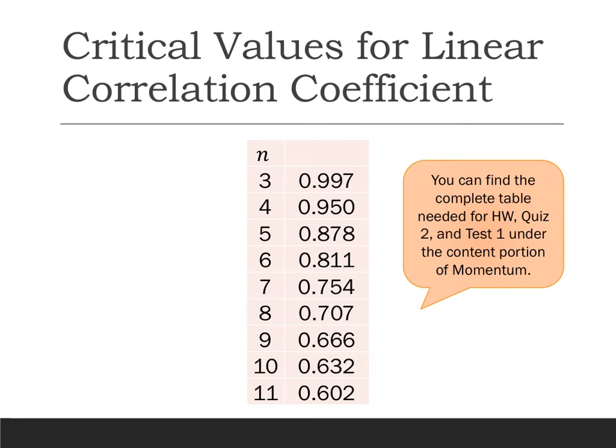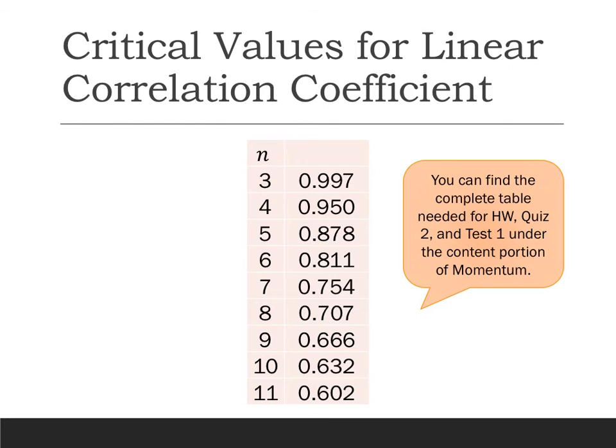All right, so finding the linear correlation coefficient, finding that R value, isn't really enough. We also need to be able to tell, based on the sample size, whether or not the correlation is strong enough. And so these are our cutoffs, these are our critical values. And as long as our R value is greater than this value in the table, then we should be good.